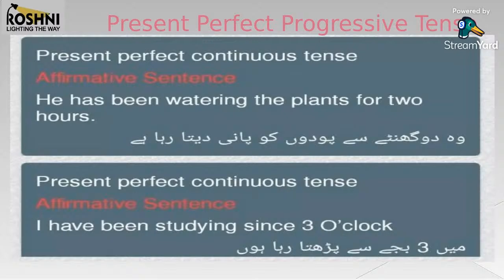It is the similar pattern that you had in the present progressive tense. Over here, the time frame that is given, 2 hours, tells us that this is a present perfect progressive tense. My mother has been washing clothes since morning. Good, well done.